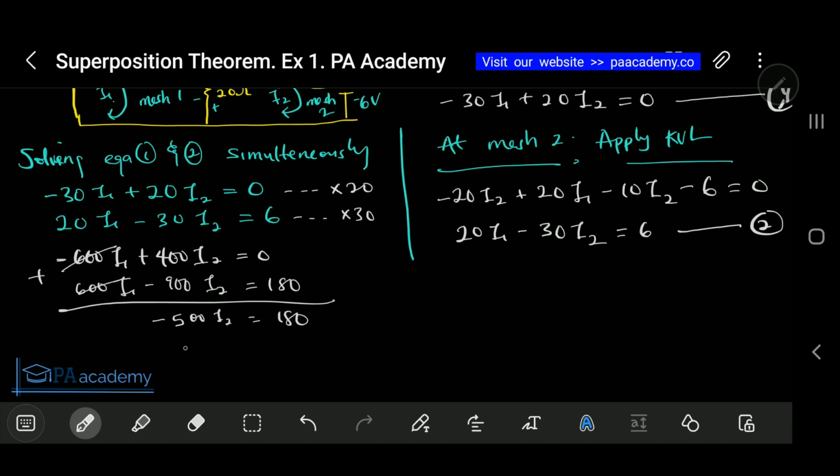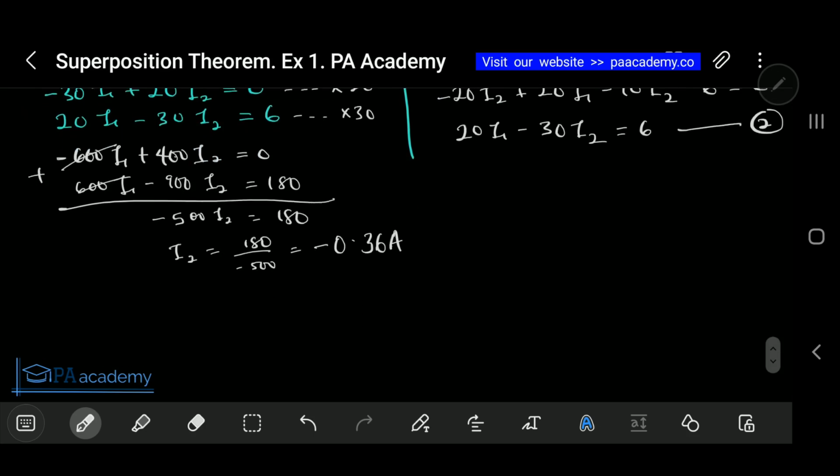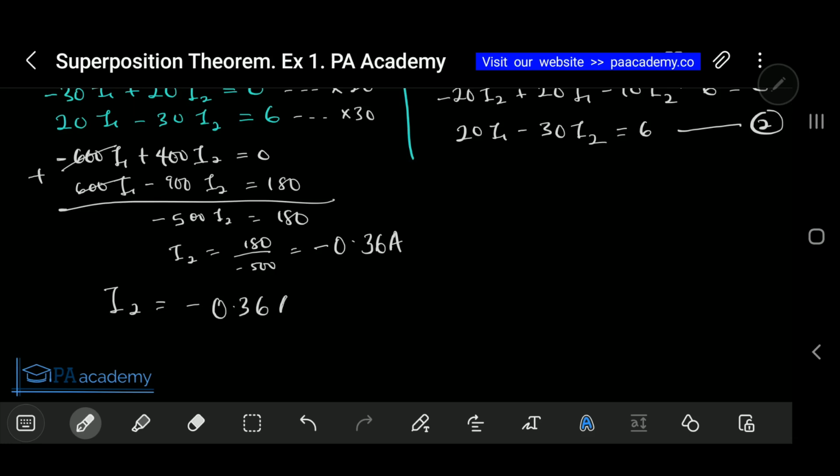So that means our I2 will be 180 over minus 500, and that will give us, let me type that in my calculator and see. 180 divided by 500 will give us minus 0.36 amperes. So that's our I2. So that means our I2 is minus 0.36 amperes.